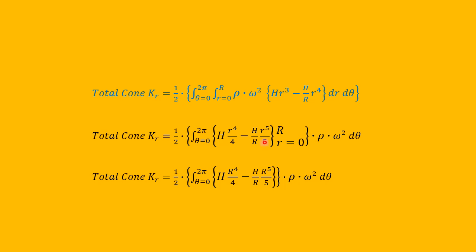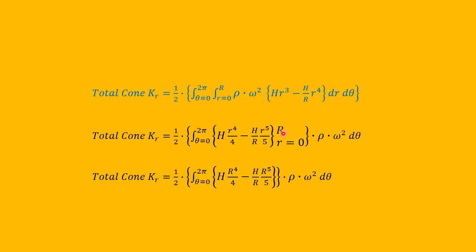And what we're doing is we're substituting in little r equals 0 and capital R. We're using the fundamental theorem of calculus here, the relationship between integrals and antiderivatives, to get this step.